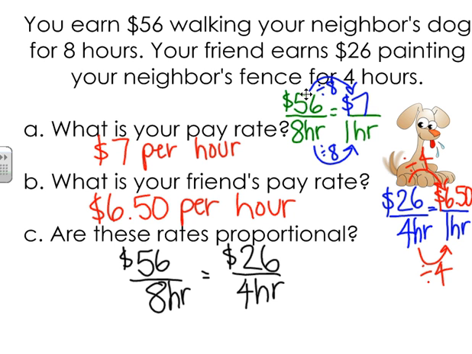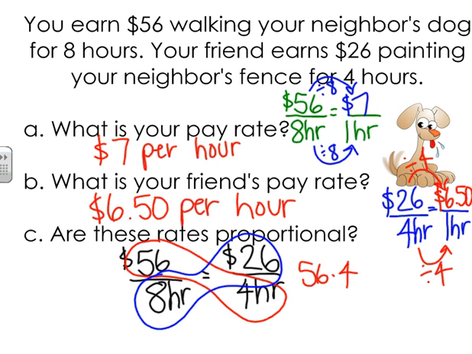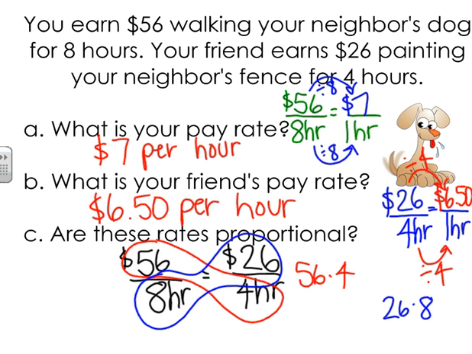Now when I do cross products, I'm going to multiply 56 times 4. And the second cross product, I'm going to multiply 26 times 8. Now we're going to set these two equal to each other.